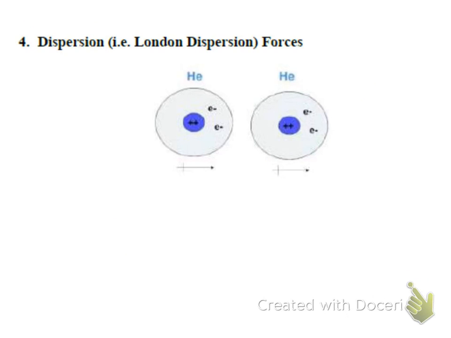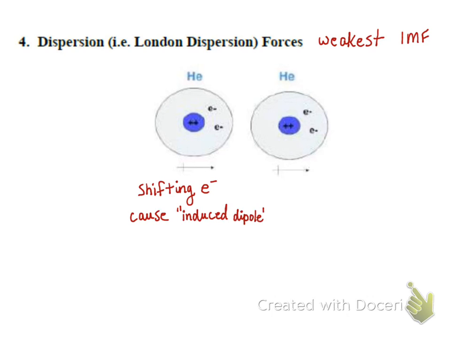Okay, the last and the weakest IMF is dispersion forces, sometimes called London dispersion forces, although most books have just dropped the word London. These are the hardest ones to understand. They're the weakest intermolecular force. What happens is in each molecule or particle, there are always shifting electrons.